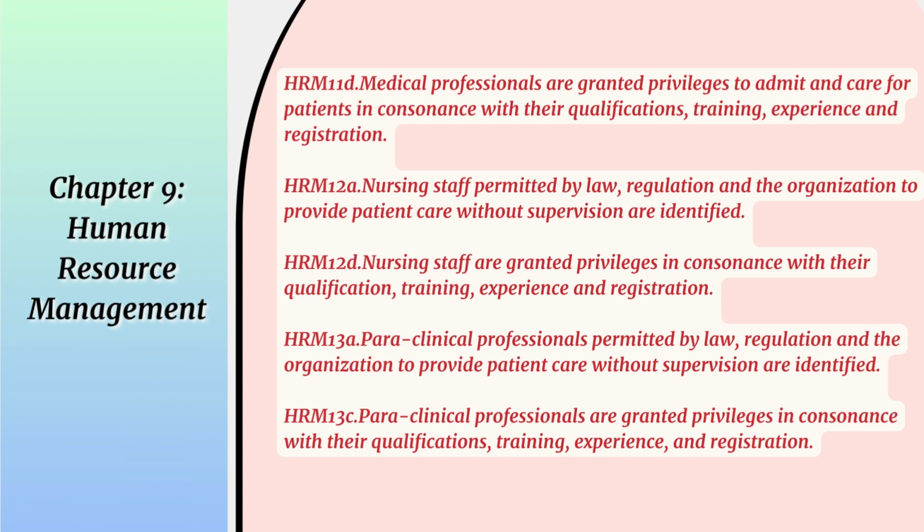HRM 12A, nursing staff permitted by law, regulation, and organization to provide patient care without supervision are identified. HRM 12D, nursing staff are granted privileges in consonance with their qualification, training, experience, and registration. Obviously, it's the same as the medical profession.